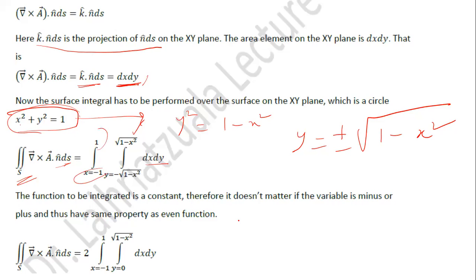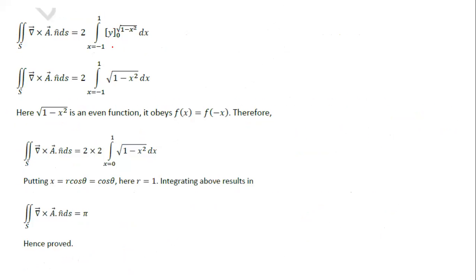Moreover, whatever function you have here is constant, so you can consider this as an even function. So this integration from minus a to a can be written as 2 times the integration from 0 to a, so 2 times y equal to 0 to this. You perform that integration, and this is what you have. And then after that, you have this, which is again an even function.